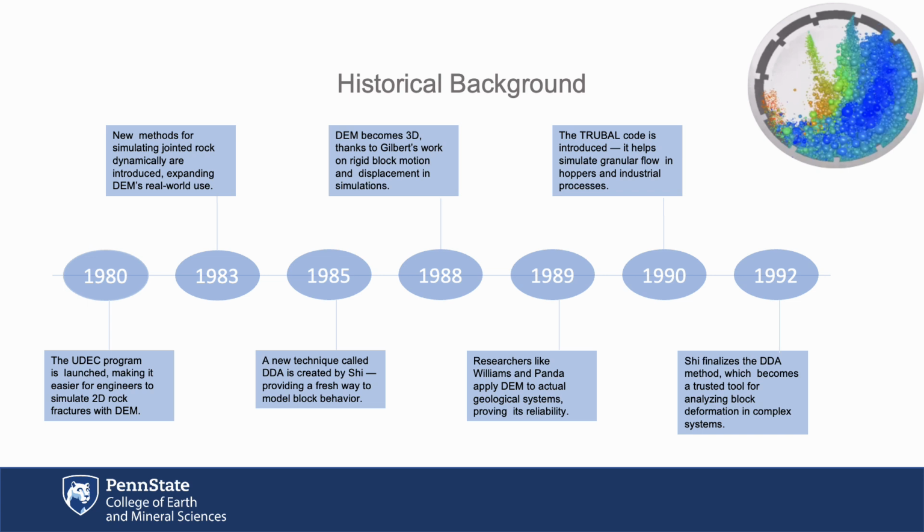It helped model how granular materials like sand, grains, or powder move in soil or a harbor. And finally, in 1992, Shi completed the DDA method. This version became a trusted simulation tool for engineering, studying how rock or blocks deform and shift.